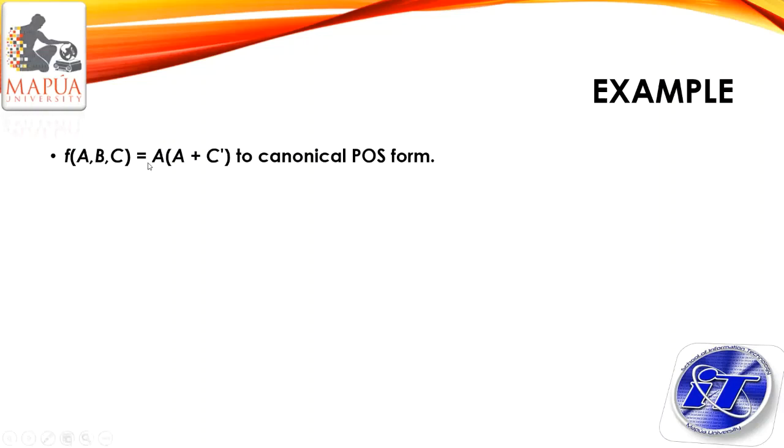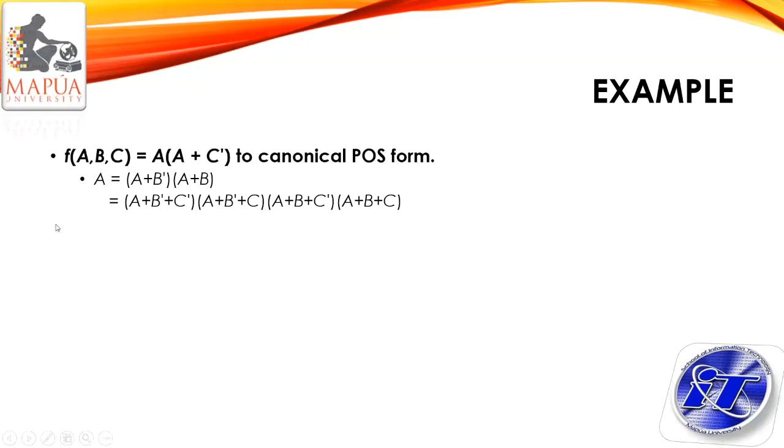So for A, introduce B and C, all combinations of uncomplemented and complemented versions of B and C. So we have A plus B naught plus AB, okay? And then introduce C naught and C. So now we have 4, okay? So all combinations of B naught, B, C naught, C will be derived from A. So we have 4 terms.